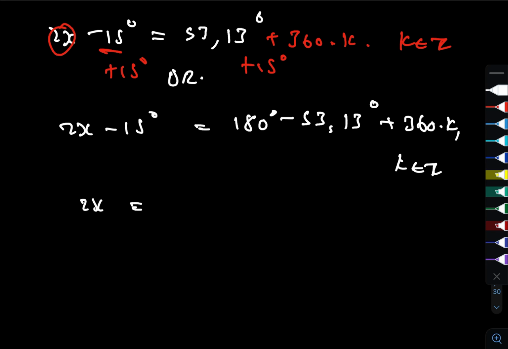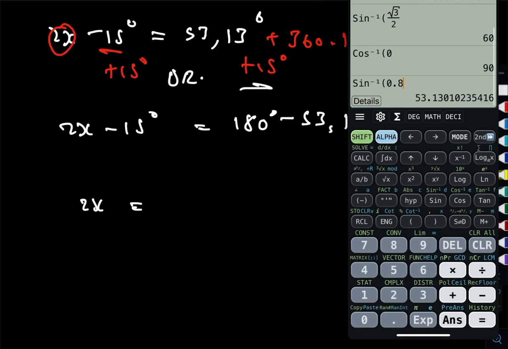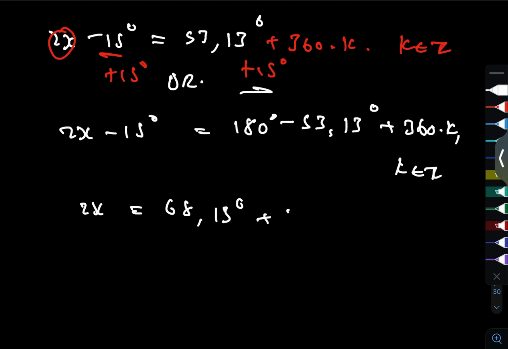Here I'm going to have 53.13 plus 15 degrees, which is 68.13 degrees, and then plus 360 times k. I do not have to keep writing k is an element of integers.